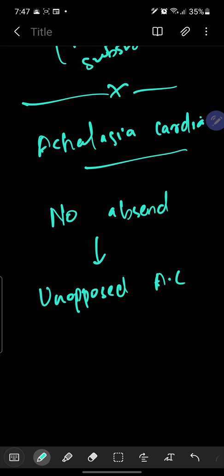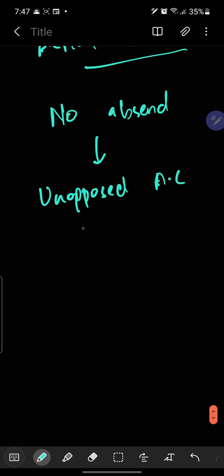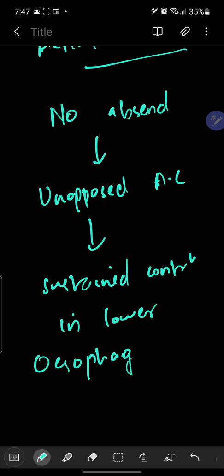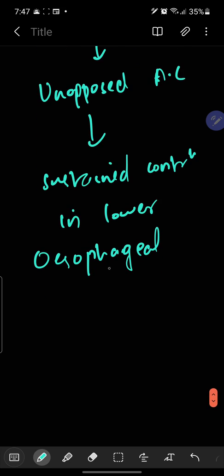That means acetylcholine concentration increases. So there will be sustained contraction in the lower esophageal sphincter, and this leads to a motility disorder, achalasia cardia.